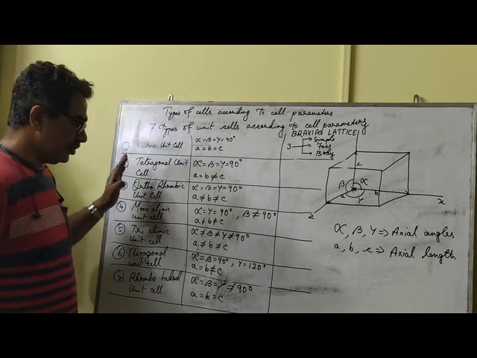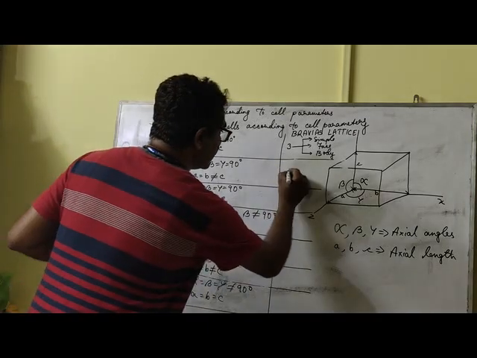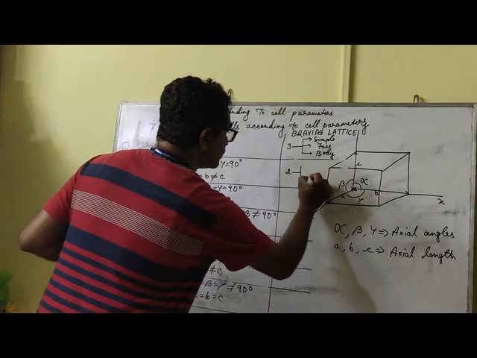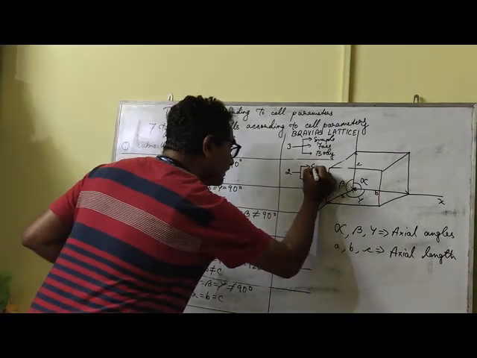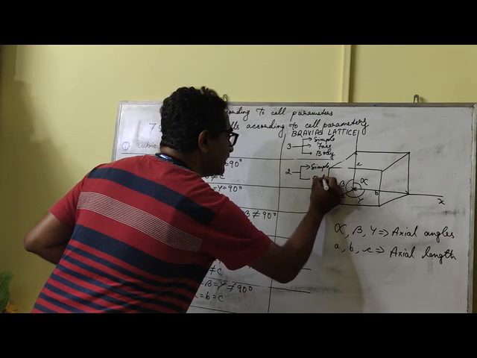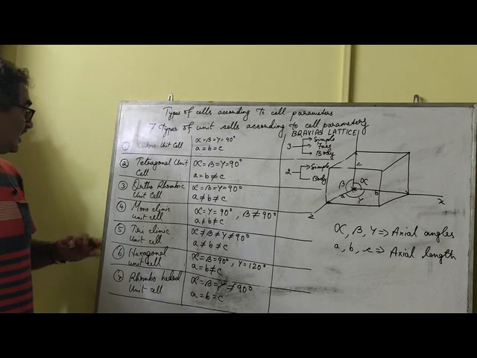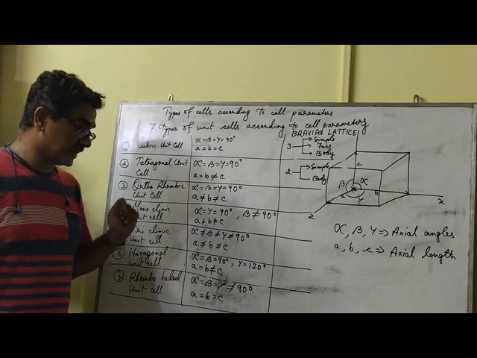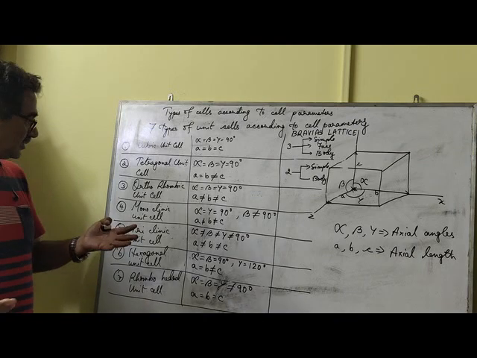Now when it comes to tetragonal unit cell, there are only 2 possibilities. What are the 2 possibilities? That is, it may be either simple or body centered. When it comes to orthorhombic unit cell, this has the maximum arrangement.